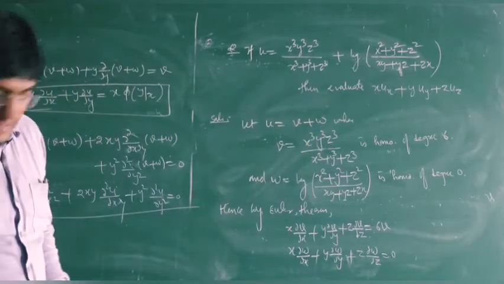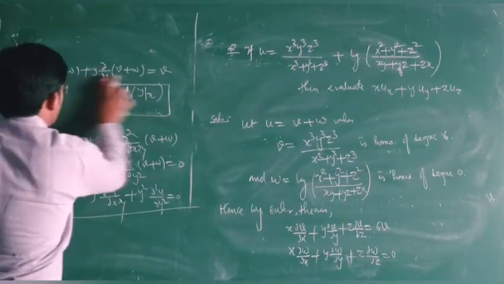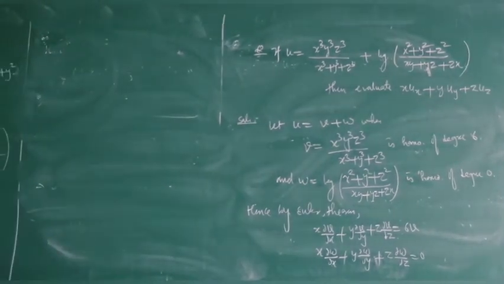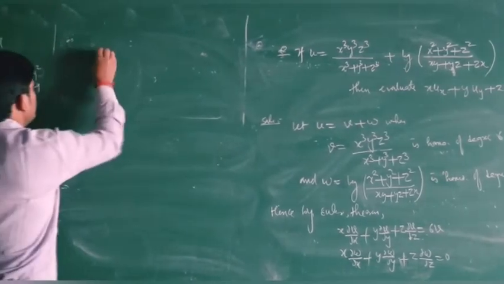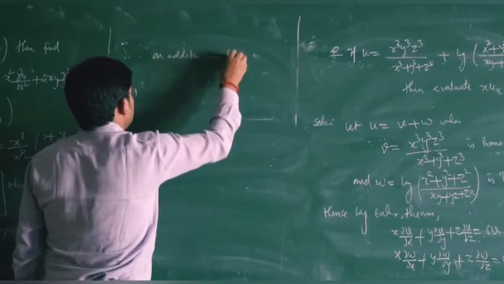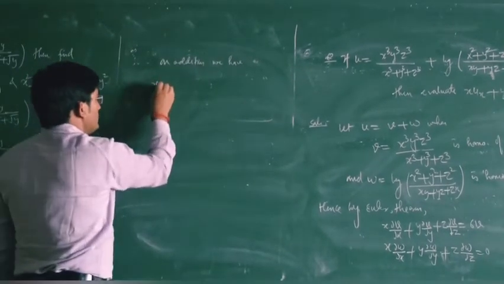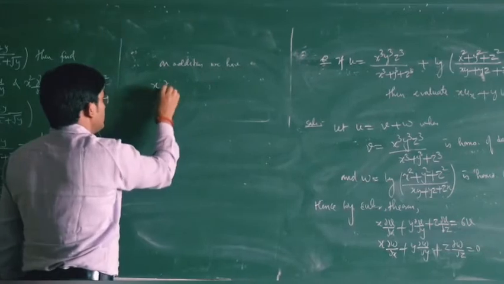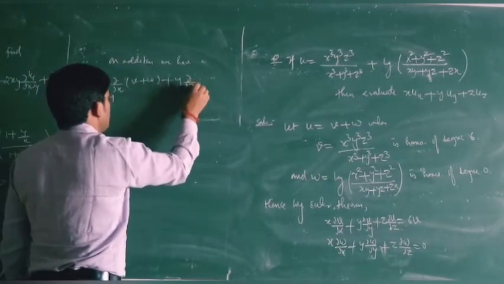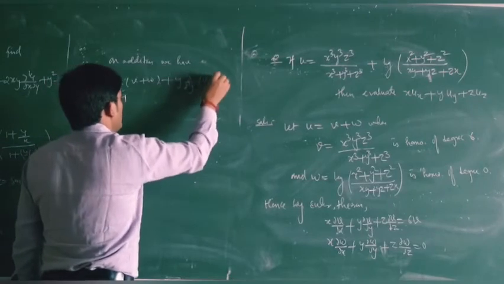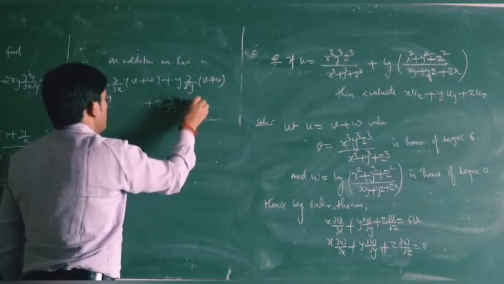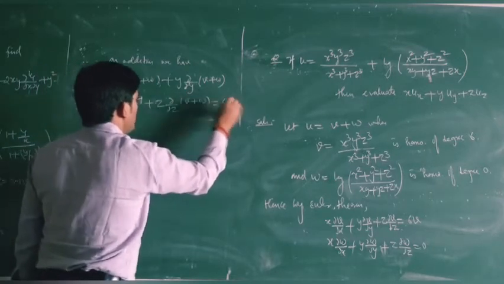Now again let us add these two equations. So on addition of these two equations, we have x into del by del x, then in the bracket we will have v plus w, plus y del by del y, then in the bracket we will have v plus w, and then z into del by del z, v plus w, equal to 6 into v.